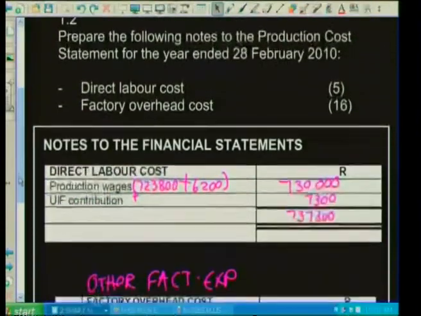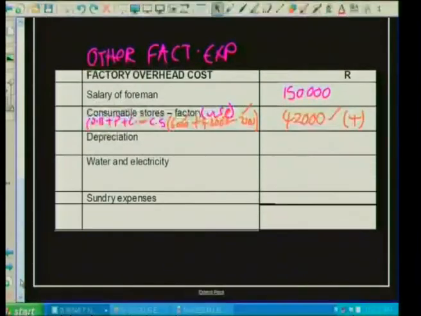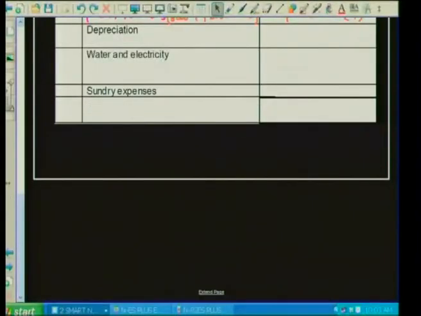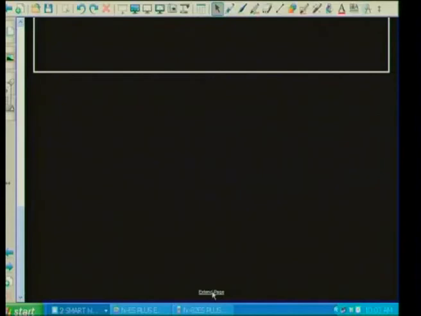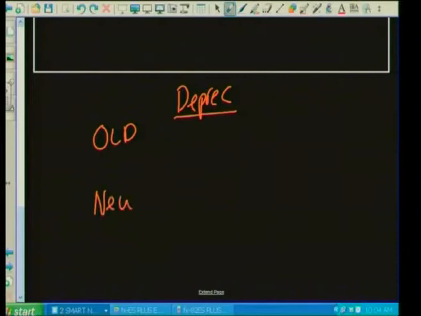So let's go back to our answer sheet and let me just extend the page. Okay, my depreciation. I obviously have old factory equipment as well as new factory equipment that was purchased. Let's start with the calculation for my old factory equipment.